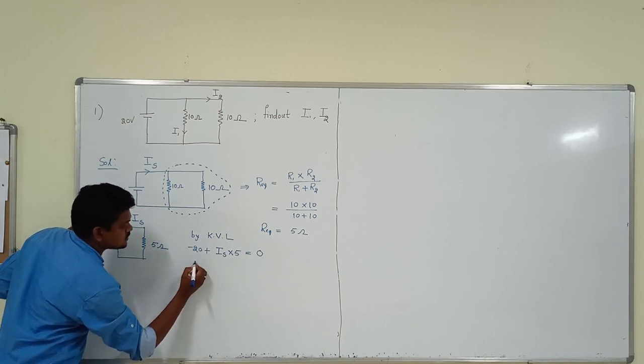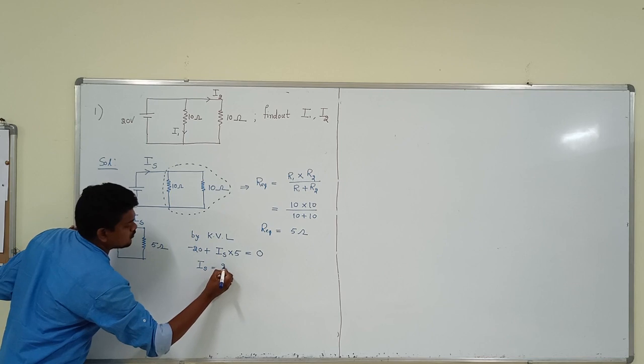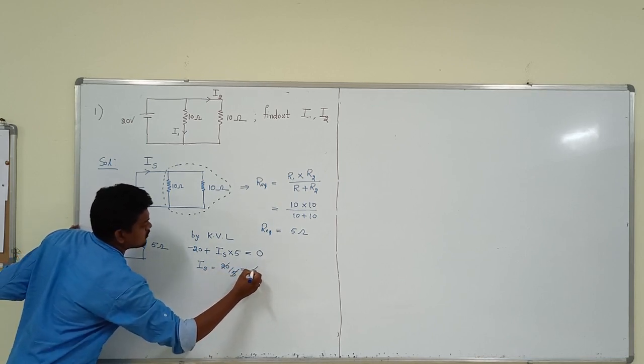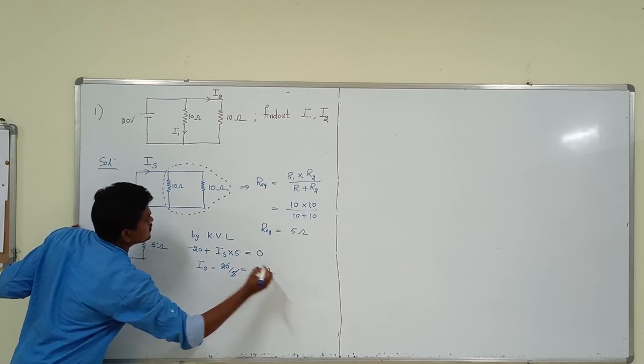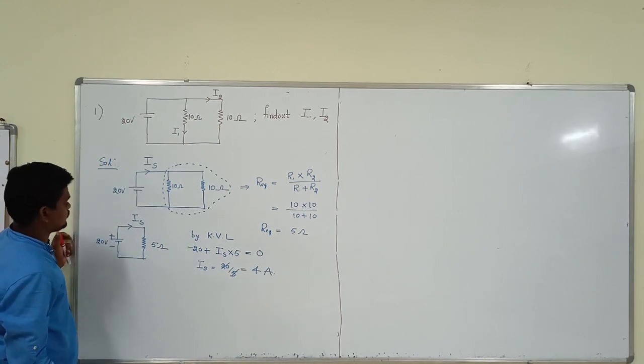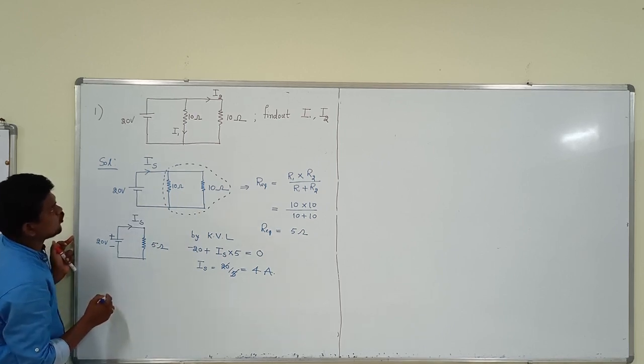Solving this, Is equals 20 by 5, so Is equals 4 amps.